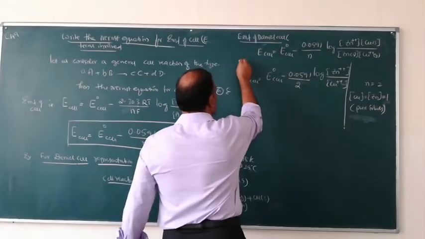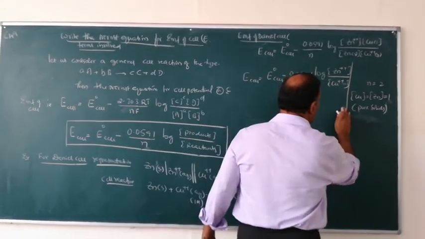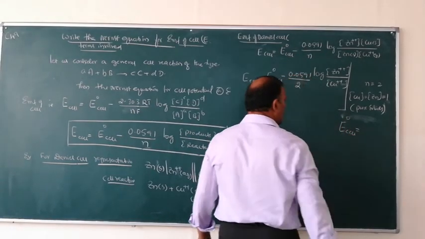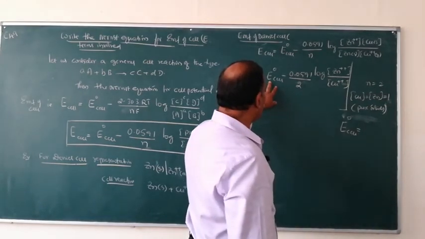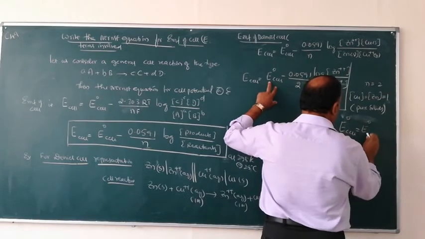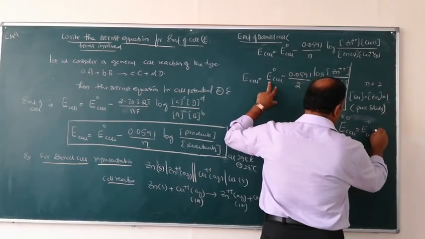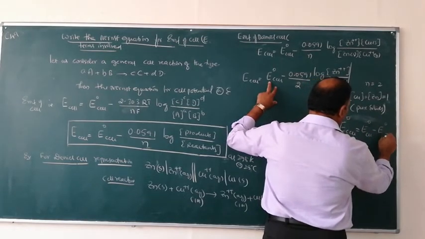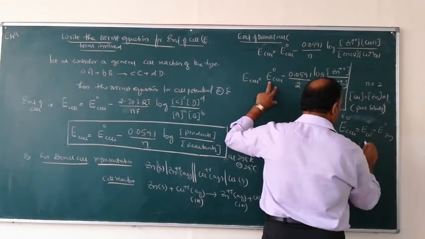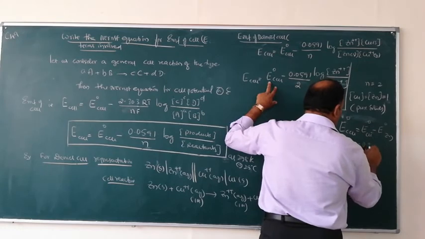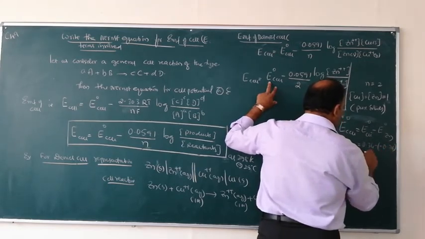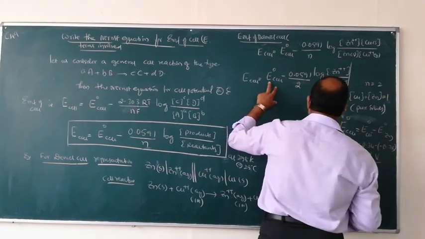And then what is E naught cell? E naught cell is equal to standard electrode potential of Daniell cell is equal to E naught of Cu minus E naught of Zn, that is equals 0.34 minus of minus 0.76, that is equals 1.1 volt.